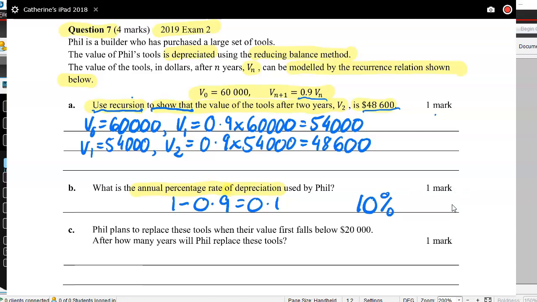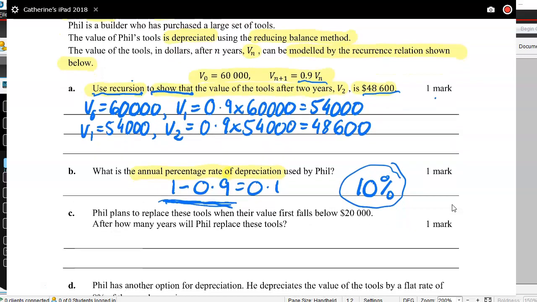You could have written there the rate of depreciation is 10%. A lot of students, I find, get very confused about where you got the 0.1 from. Remember, we're always comparing our rate to 1. So here it's 1 minus 0.9 because it's less than. So our rate is 10%. Our rate's not 90%, it's 10%.